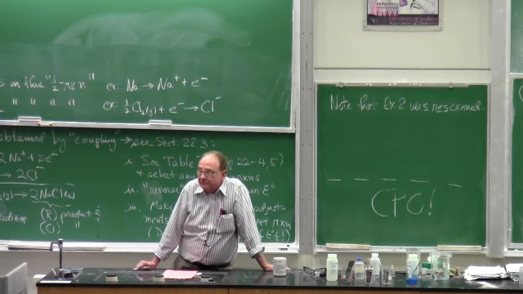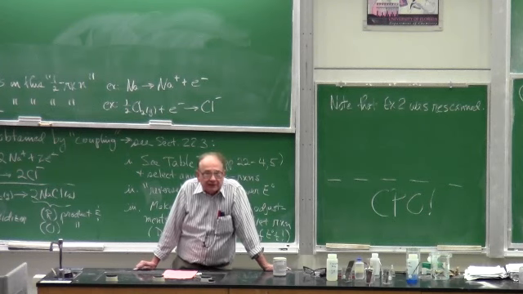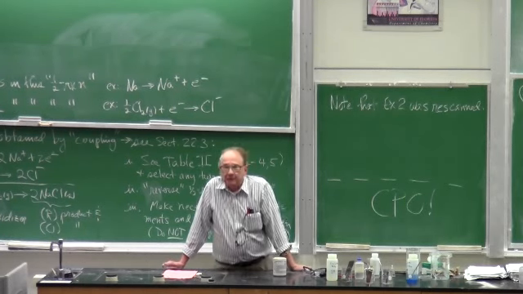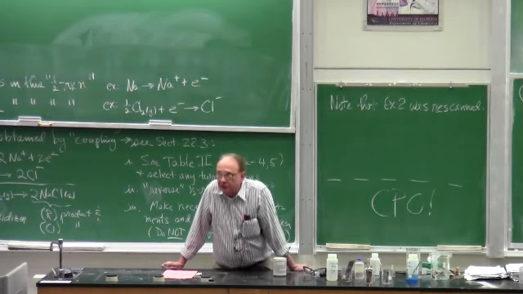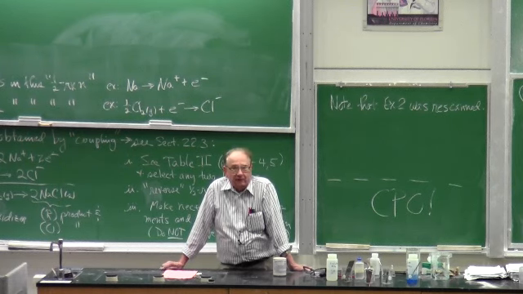So in our table, what's the weakest oxidizer which you see? What is it? What's the weakest oxidizer in our table? Li+ aq. Is Li+ aq the weakest oxidizer in our table? Capable of being reduced by any reducer in our table? Name the reducer in the table which can reduce Li+ aq.